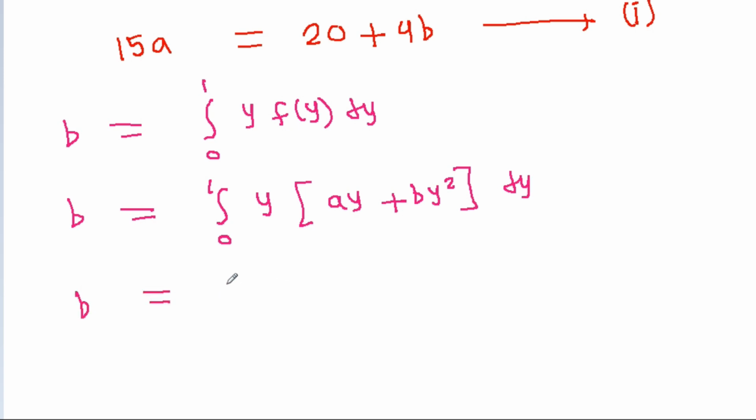And b is equal to the integral from 0 to 1, and y times ay will be ay square plus y times b y square will be b y cube, dy.